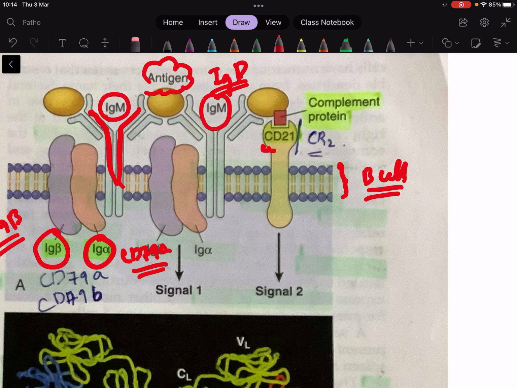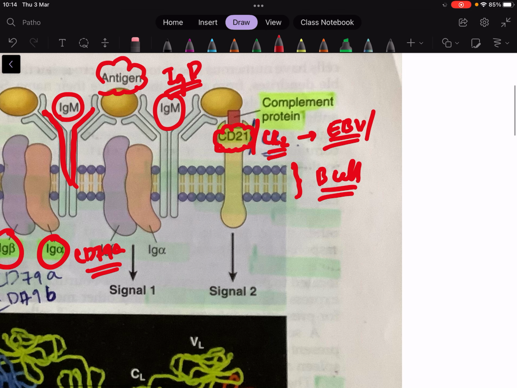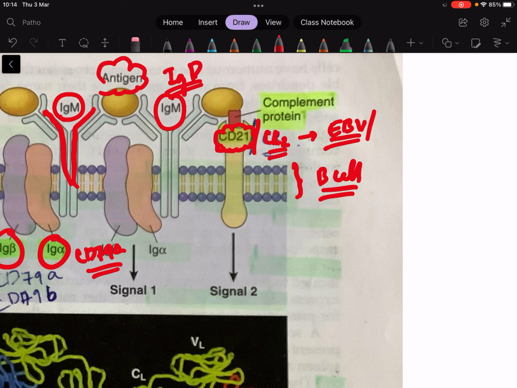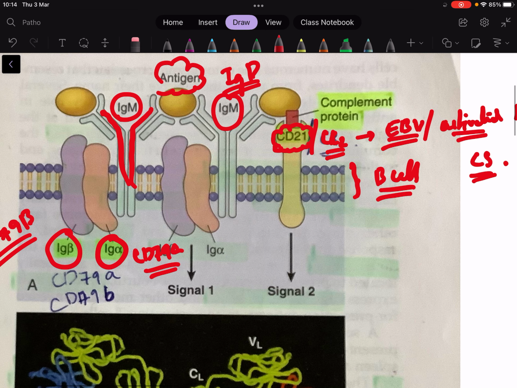As you can see here, there is also CD21, aka complement receptor type 2, which can be infected by Epstein-Barr virus, and also be activated by the complement system. So what are signal 1 and signal 2?